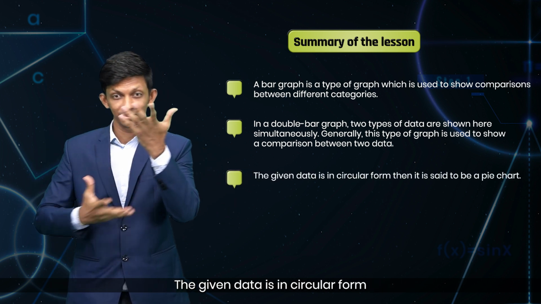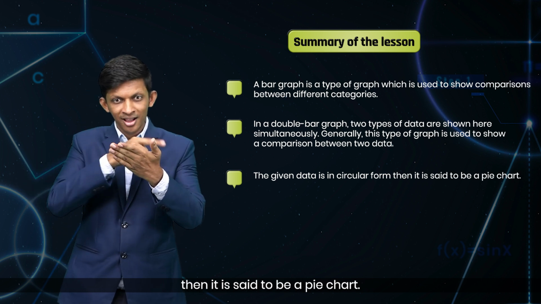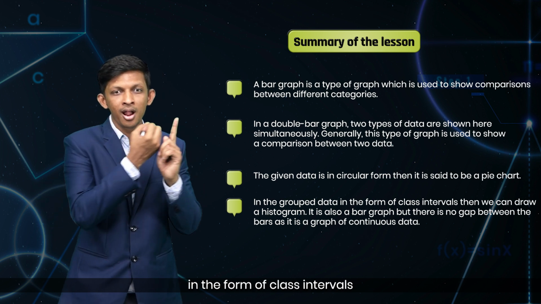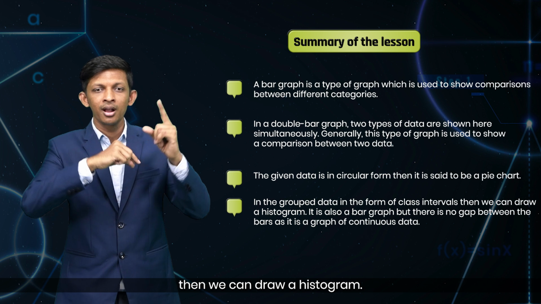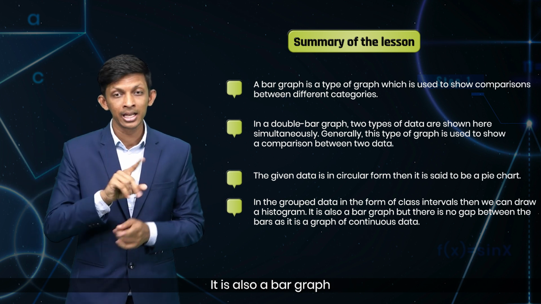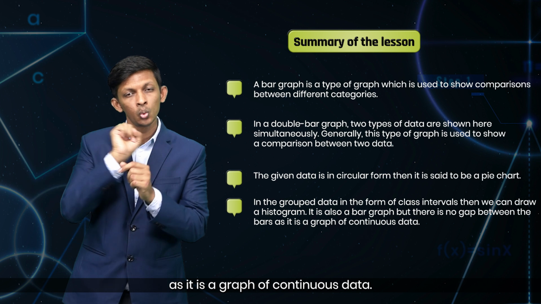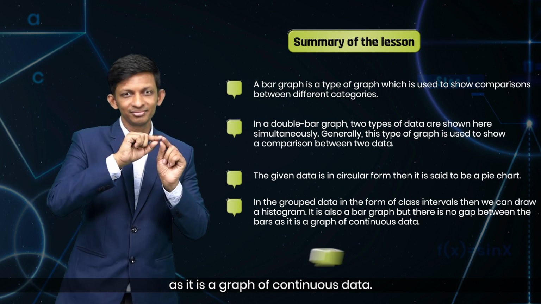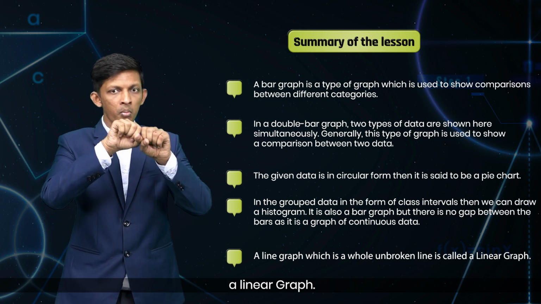If the given data is in circular form, then it is said to be a pie chart. If we have grouped data in the form of class intervals, then we can draw a histogram. It is also a bar graph, but there is no gap between the bars as it is a graph of continuous data. A line graph, which is a whole unbroken line, is called a linear graph.